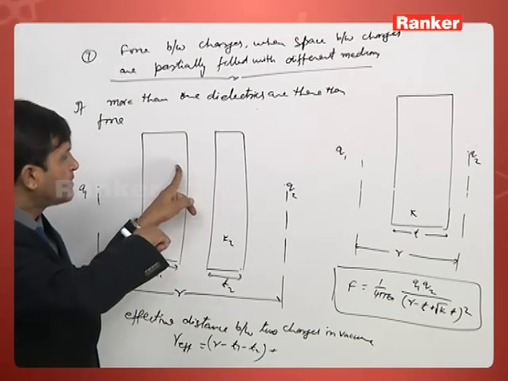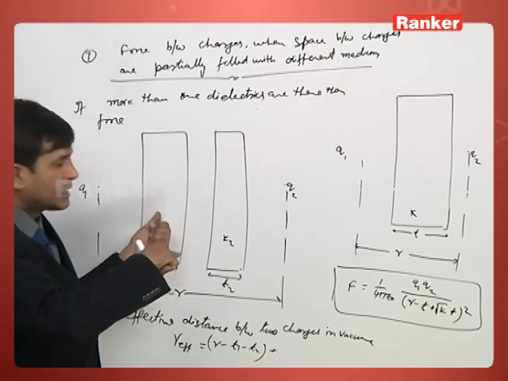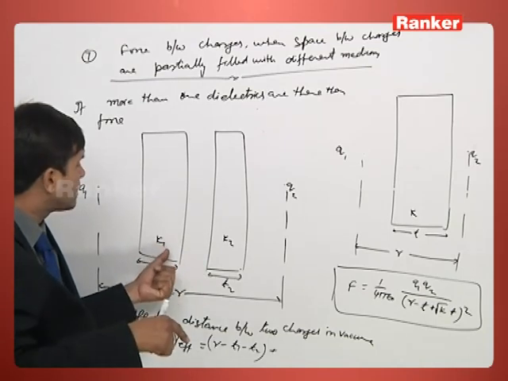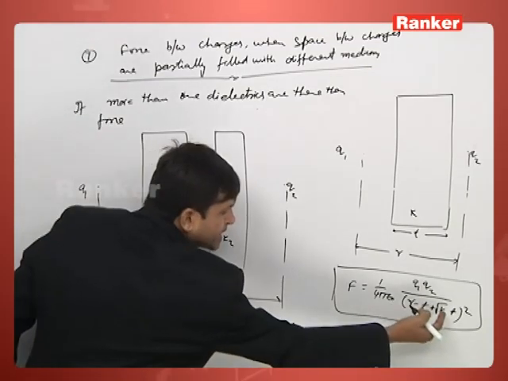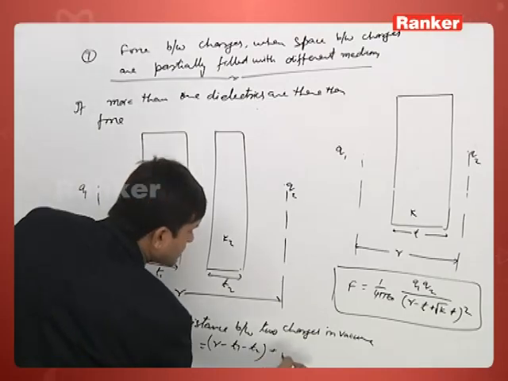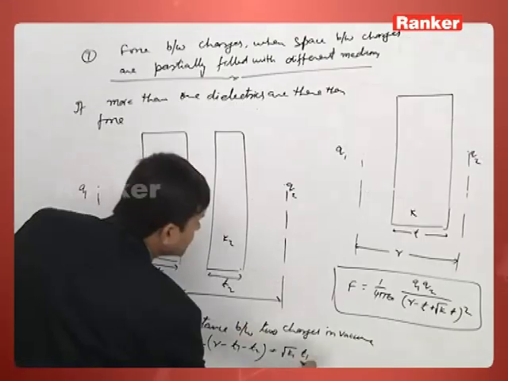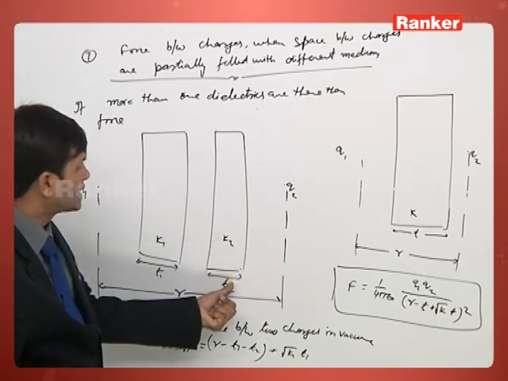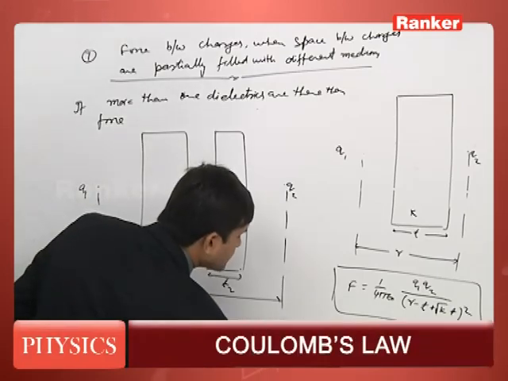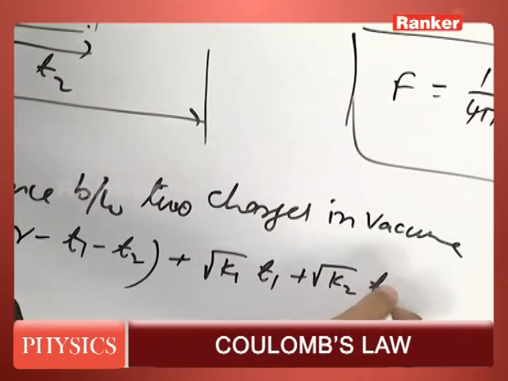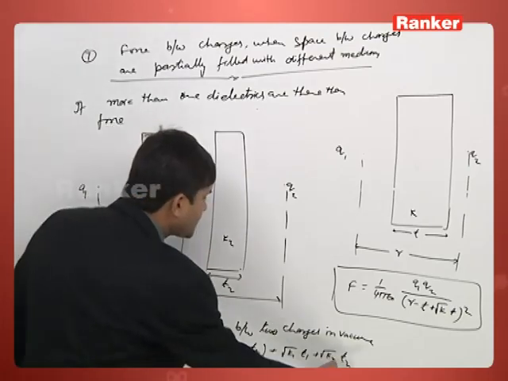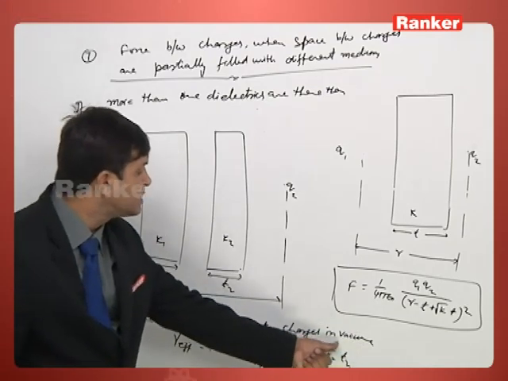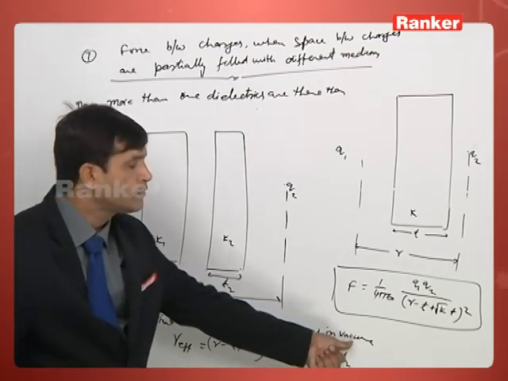Already we have derived just before that the distance becomes root K times T. It means root K1 T1, same as we did here. Similarly for this part, K2 dielectric and T2 thickness, then this can be root K2 into T2. So this total distance becomes R effective, and that distance R effective is in a vacuum.